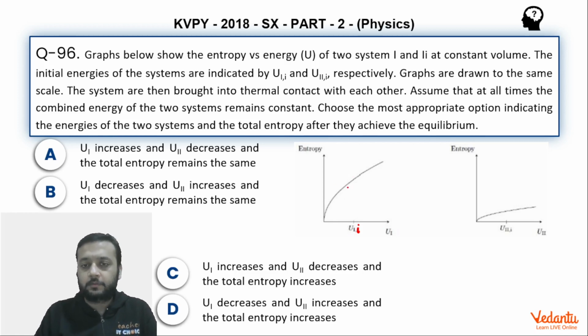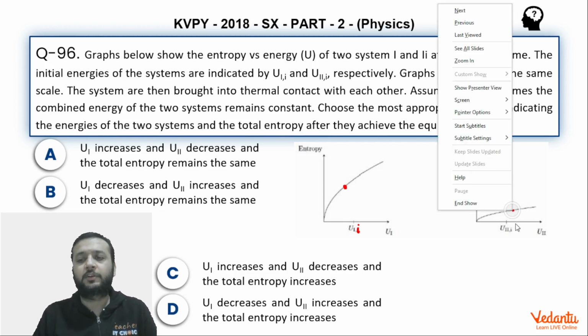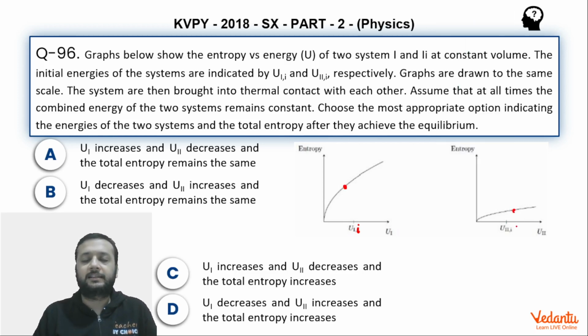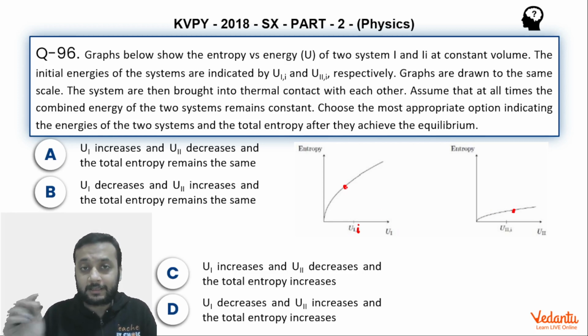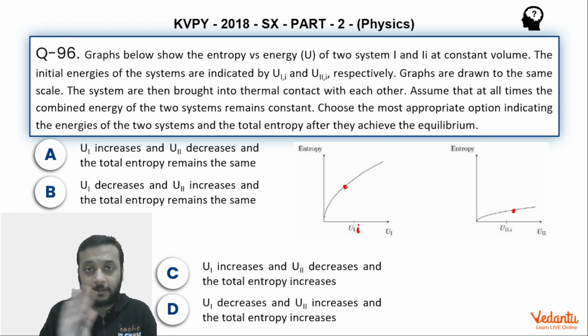Now let's say that system 1 before mixing was somewhere over here, and system 2 before mixing was somewhere over here. So we will use the concept that the entropy of the total combined system, system 1 plus 2, should increase after mixing.